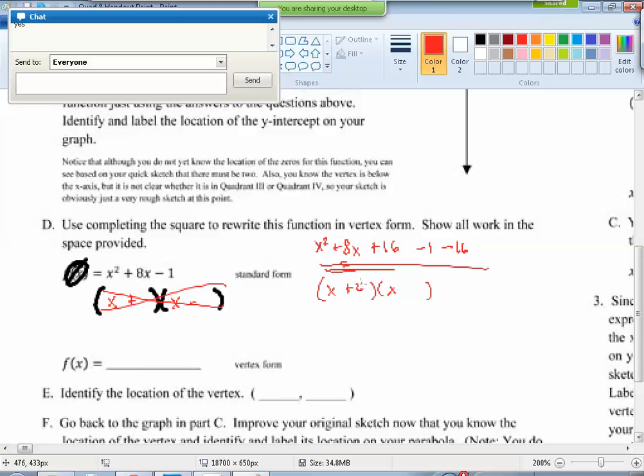Do you believe me? If you don't, FOIL it out and try it for yourself. So really, you have x plus 4 squared minus 17.